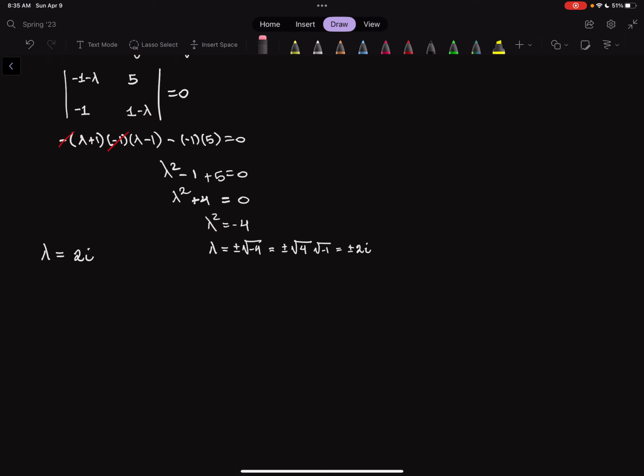So I plug this lambda back in, and I get -1 minus 2i and 5 and -1 and 1 plus, so 1 minus -1, so that's 1 plus 1, which is 2, minus lambda becomes a positive lambda.